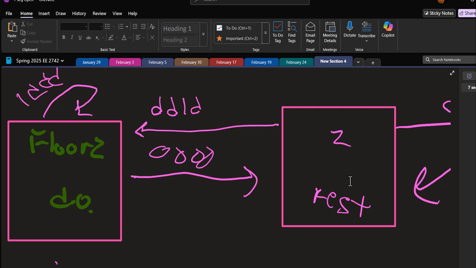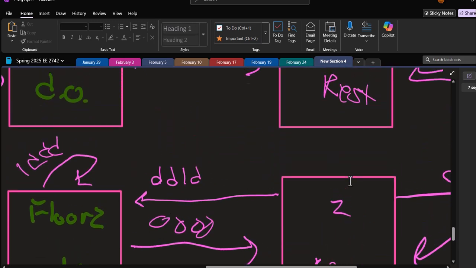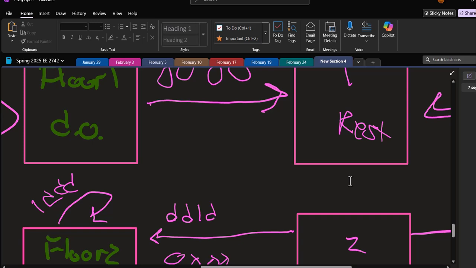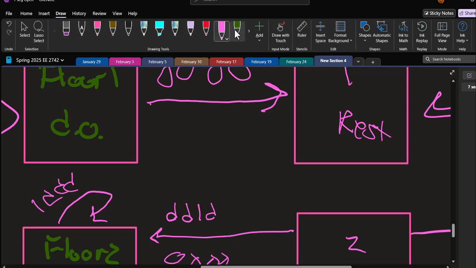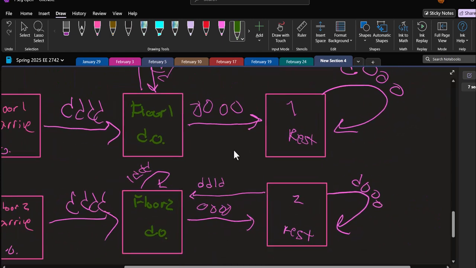if I have floor 1 is 1, 2 is 0, 3 is 0, and we don't care about the hold, because the hold is irrelevant because the door is not open right now.